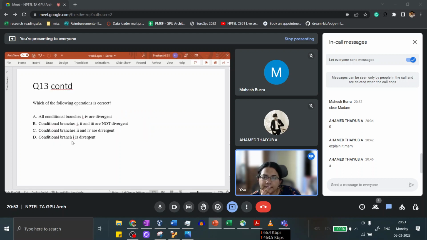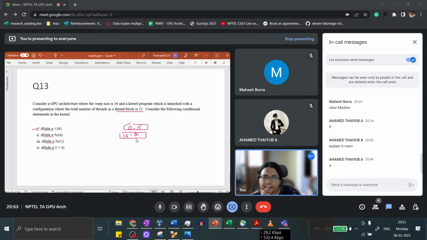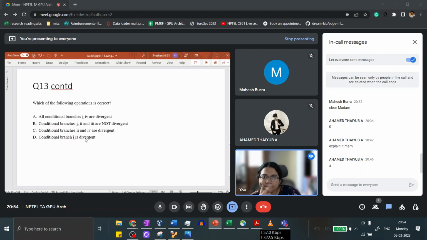I don't think this is the right option, because for 0 to 15, 0 mod 16 would be 0, and that would evaluate to false, whereas all of the others would evaluate to true. So this would be divergent, this also would be divergent. Let's see what other options there are. So I'm right now going with this is wrong.